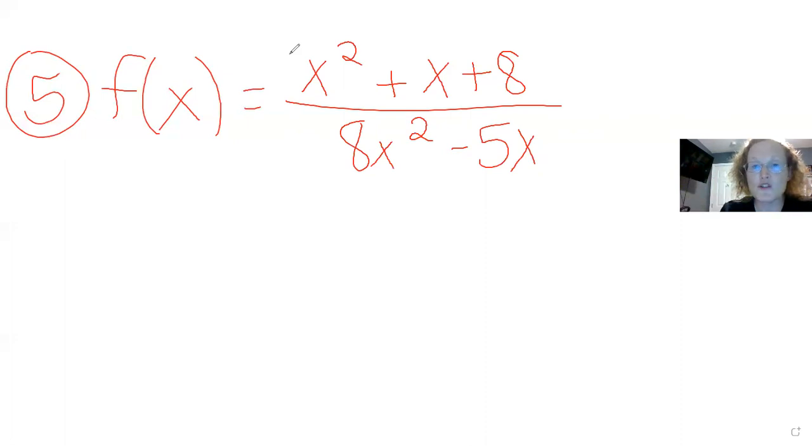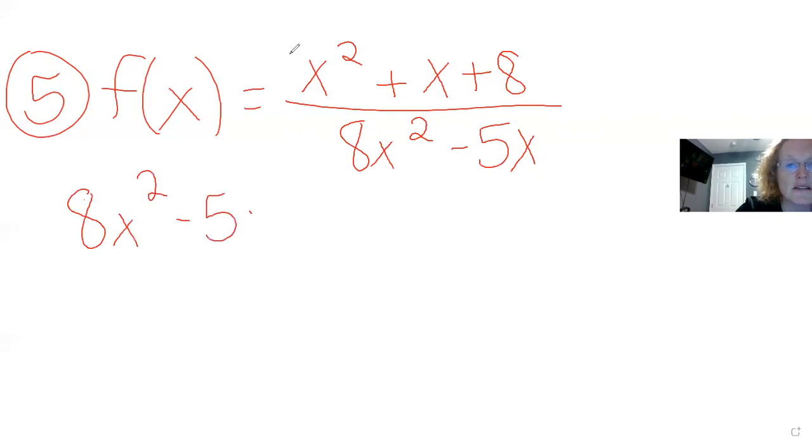Once again, for the restricted values, we don't care what's in the top. It doesn't matter. All we're going to do is take that denominator, 8x squared minus 5x, and say it cannot equal 0. Always. Doesn't matter what the numerator is, just take the denominator and say it can't equal 0.